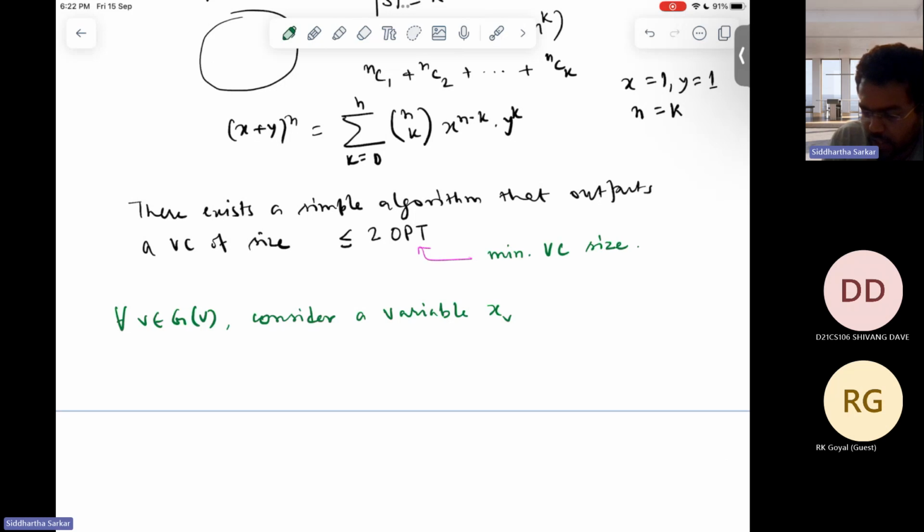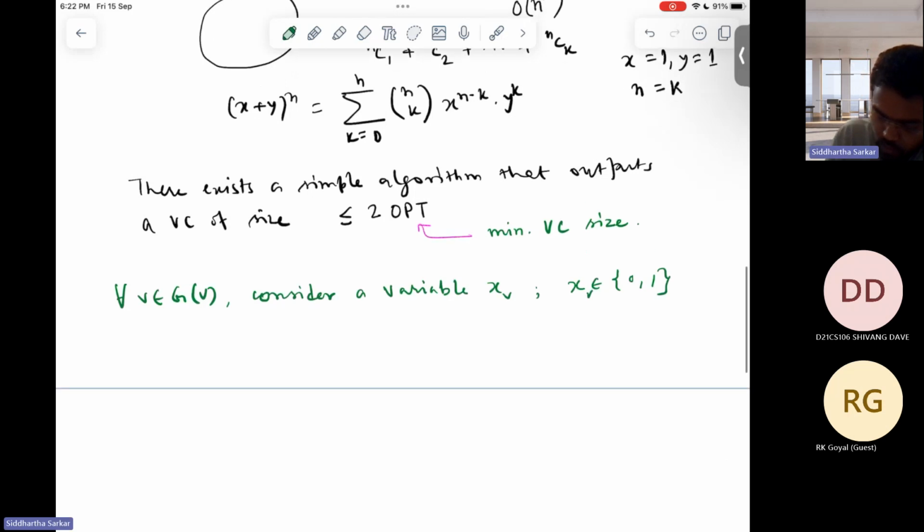So xv lies in 0 or 1. xv is 1 means that v is part of the vertex cover that we are willing to construct. And xv is 0 if v is not part of the vertex cover. Okay.